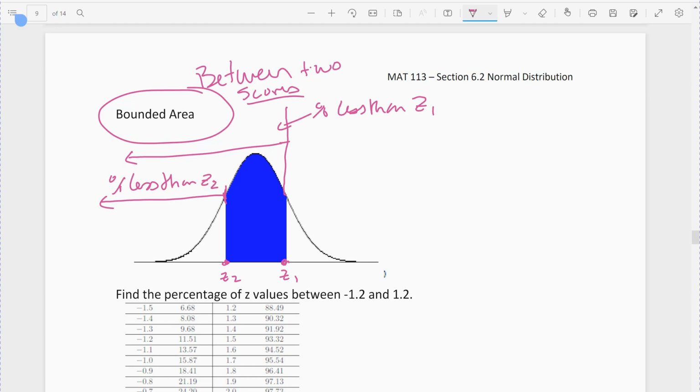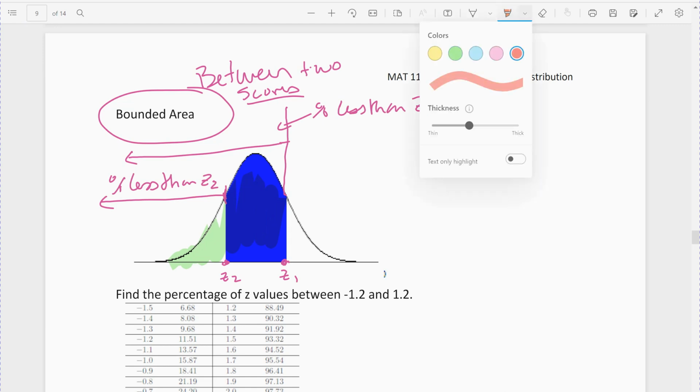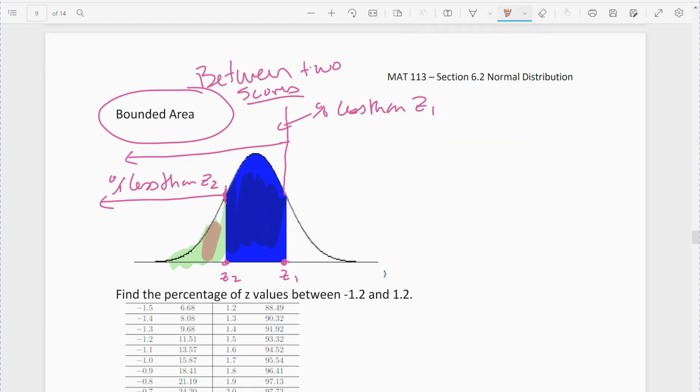And so what we have to do is, well, if you think about it in terms of shading in my area, I found my first area, which would be all of this, and then my second area, which would be this little tail here. In order to find the blue area that I want, I take the big area, which is the first z-score's area, subtract away the little area, which is the second z-score area. And so that's what we're going to do.